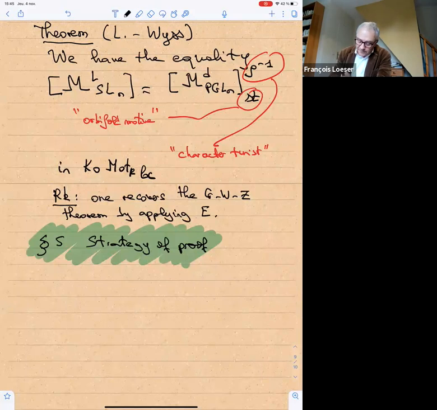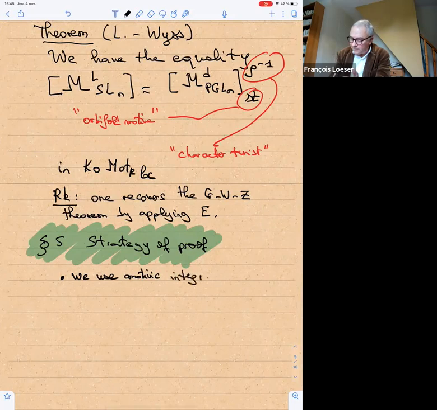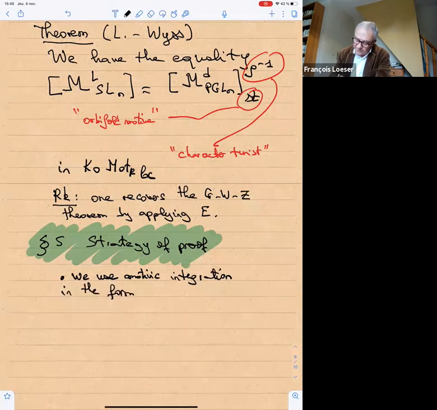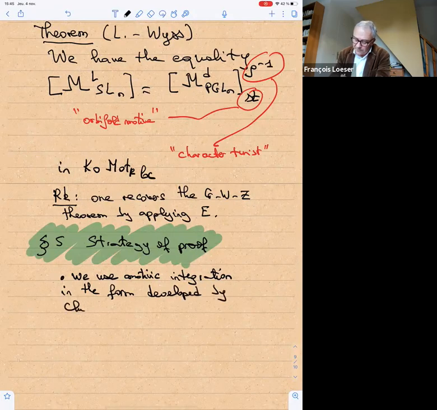So we use motivic integration in the form which I developed with Ralph Cluckers, which is more powerful than the classical theory. Why is it more powerful? Because it provides you a Fubini.